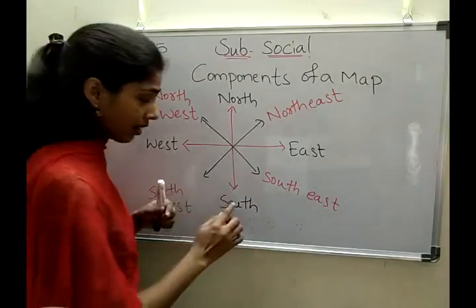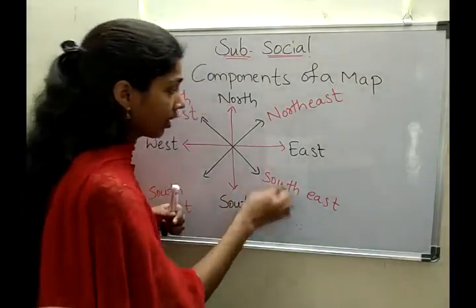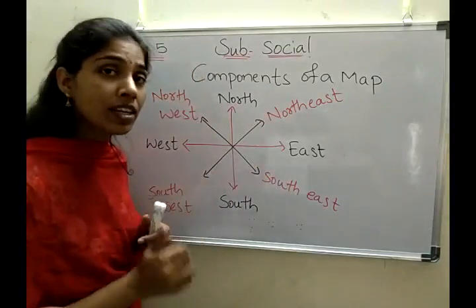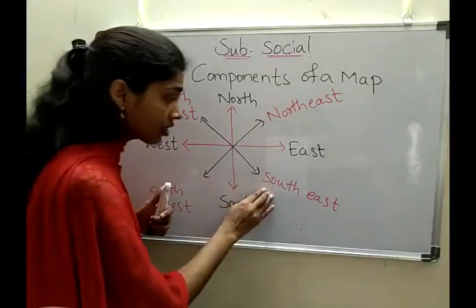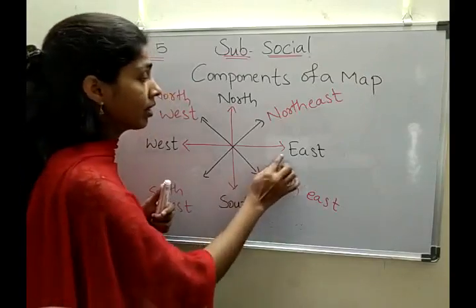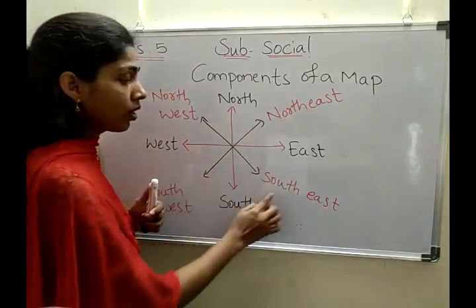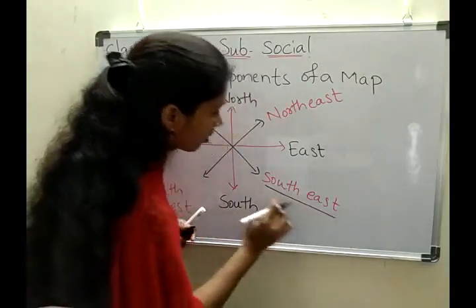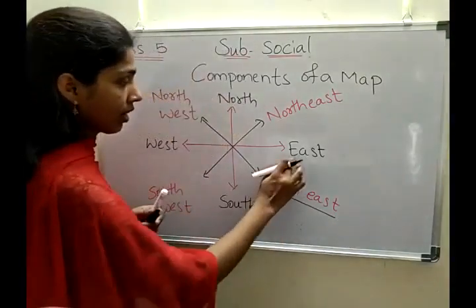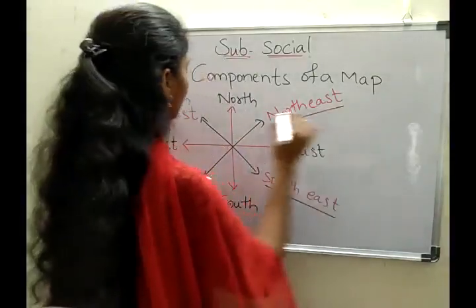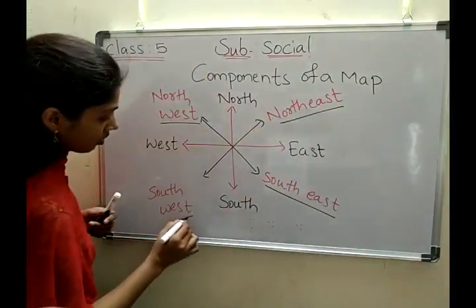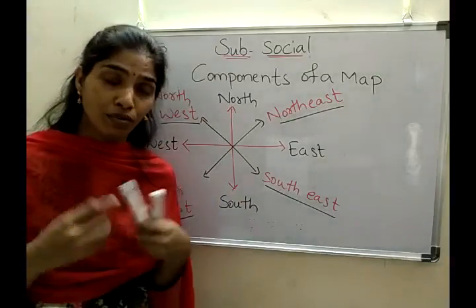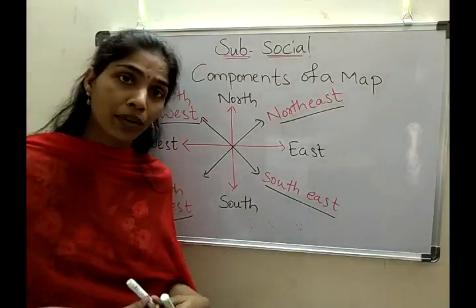Children, the directions between the main directions are called subdirections. What are subdirections? The directions that lie between the main directions are called subdirections. Subdirections help us to find places more accurately.